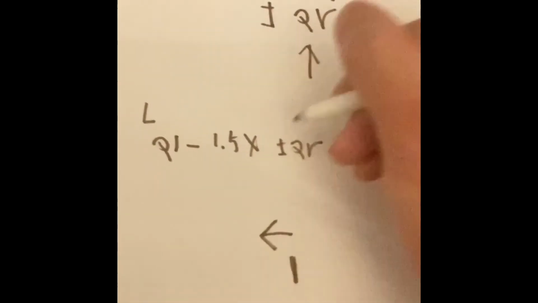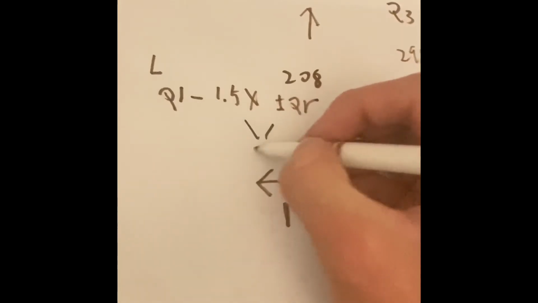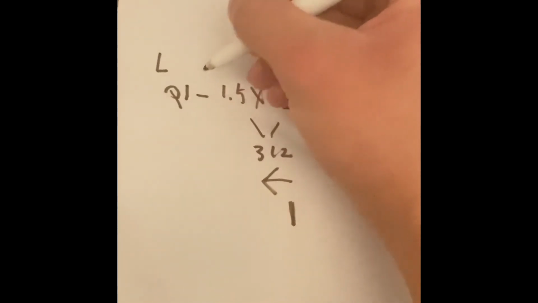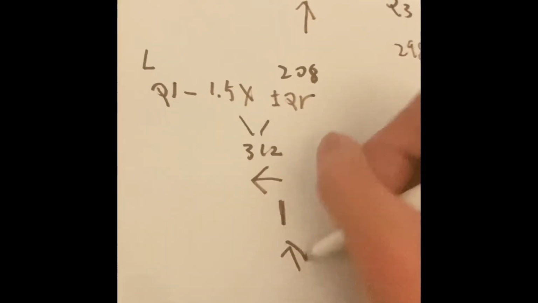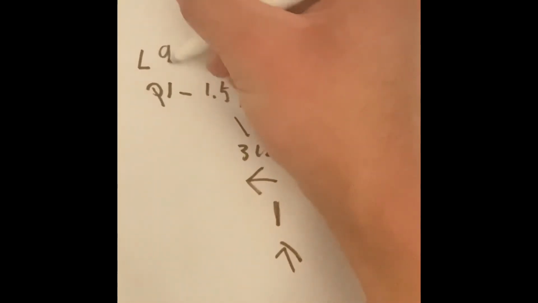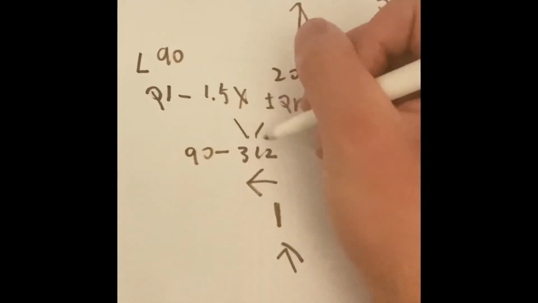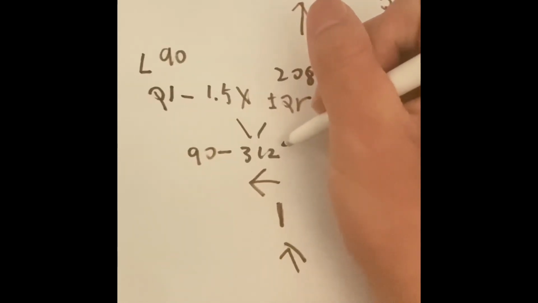For the lower one, we have the IQR as 208 multiplied by 1.5. We're going to get an answer of 312 again, but instead of adding, we subtract because it's the lower fence. So we have 90 minus 312.